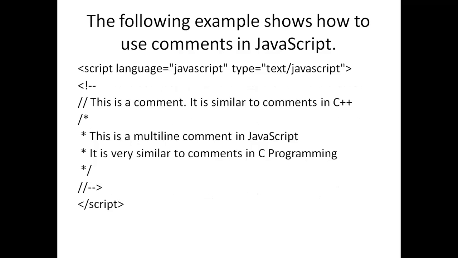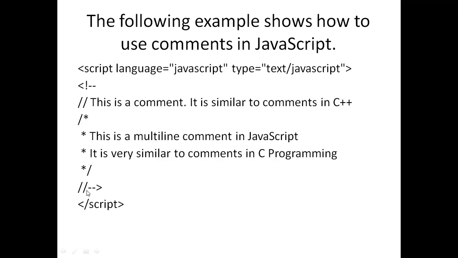Now we'll see an example showing the use of comments in the JavaScript scripting language. This is a single line comment, similar to the comment in C++. This is a multi-line comment: a slash and asterisk sign, and in between we can write multiple lines of comments.